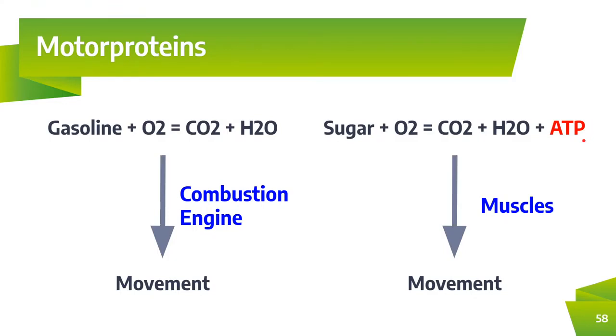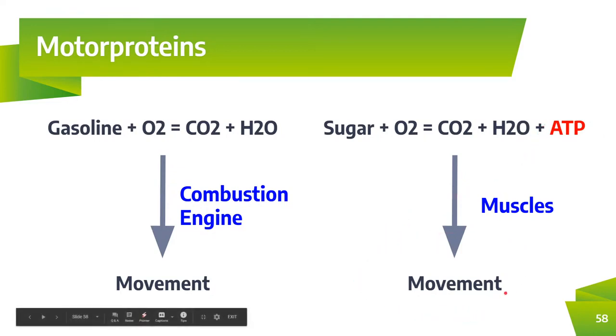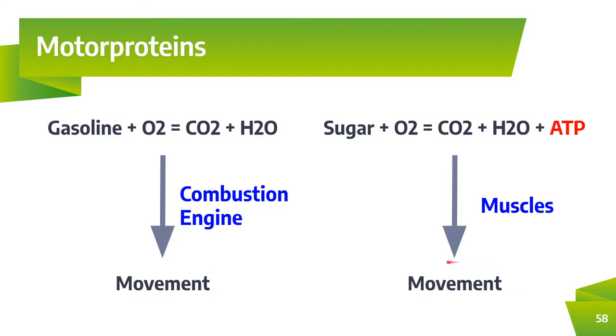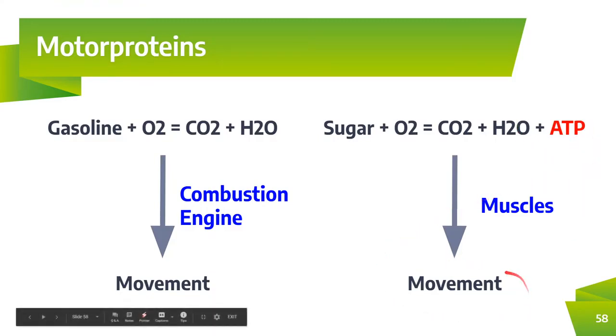And today we're going to look at how this energy generation process, which results in a lot of ATP being produced, is turned into movement, right? Turning ATP, meaning chemical energy, into kinetic energy, the movement, can, for instance, be seen in muscles.